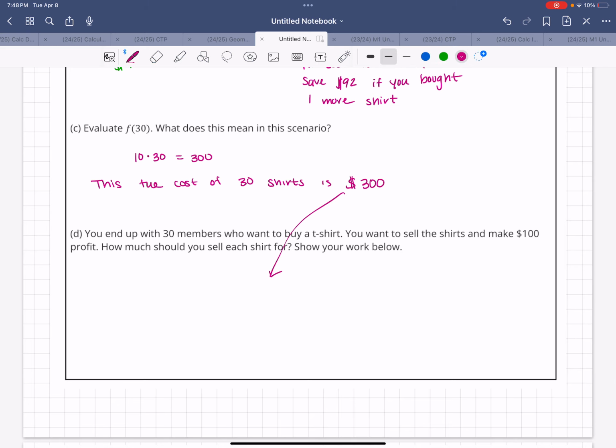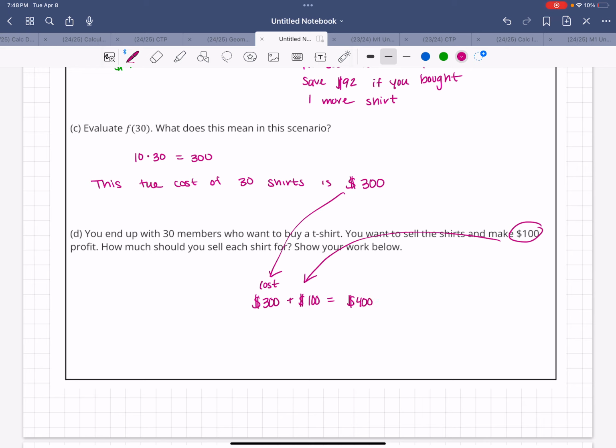So that's the cost, right? If the cost is $300 and I want to make a profit of $100, I'm going to tack that on. This is called our revenue. It's a fancy word, but really it's the cost plus how much you want to make, which in this case is $400.